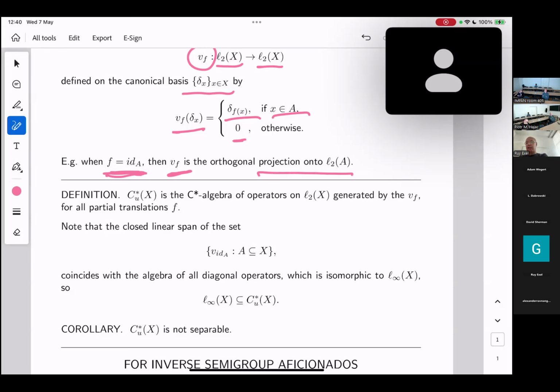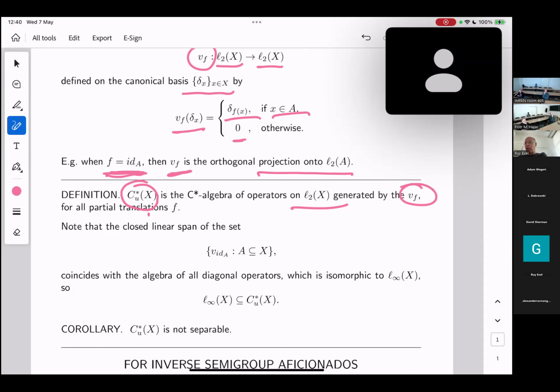So here's a definition of the uniform Roe algebra, the C star uniform Roe algebra of X. C star of U is the notation. That's the C star algebra of operators on L2 of X generated by all of those VFs, right? That's not the only definition. I'm going to show you another definition soon, but it's a very clean definition in my opinion.